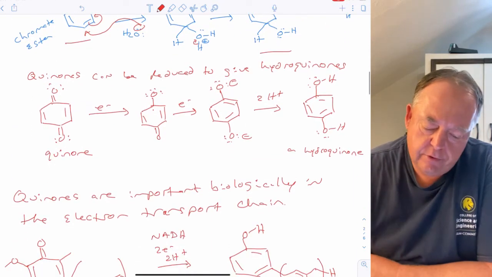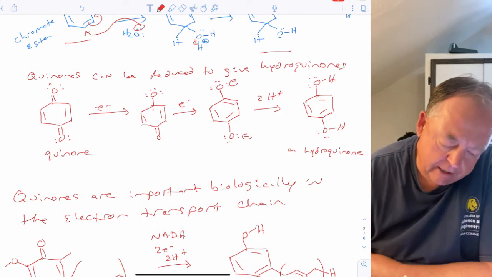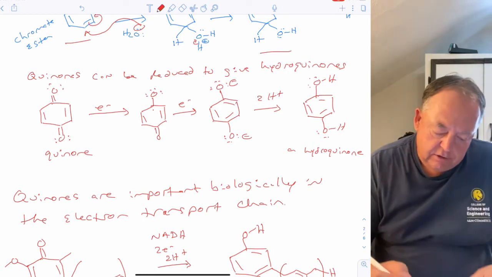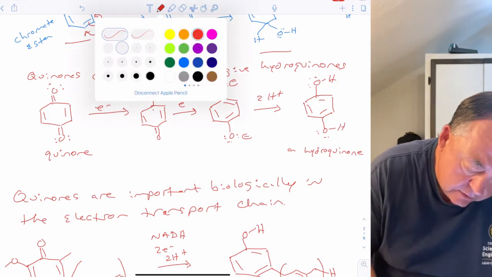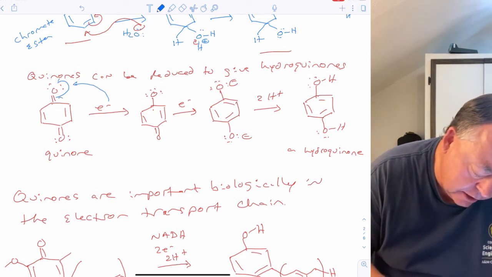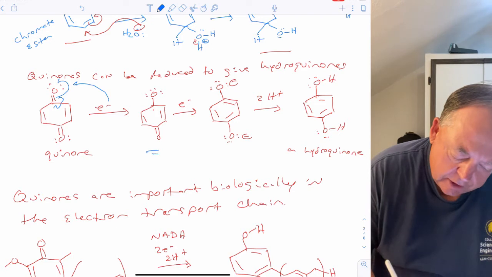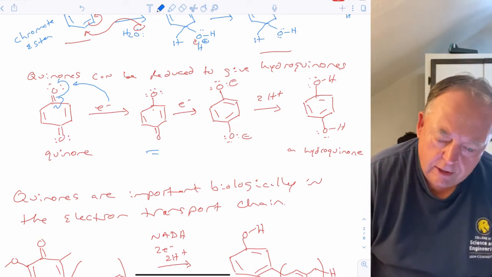Quinones can be reduced to give what are known as hydroquinones. So if we take a quinone and react it with an electron, let's just follow our electrons here. If we give one electron there and give this electron to oxygen and the other electron here, then you would have this, right? And then another electron, so a 2-electron reduction.